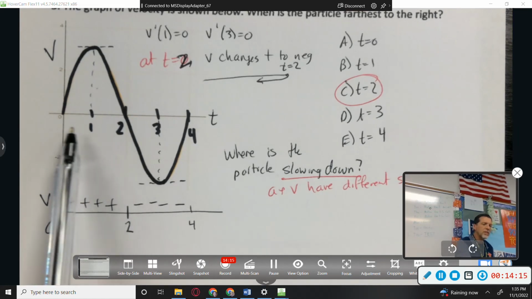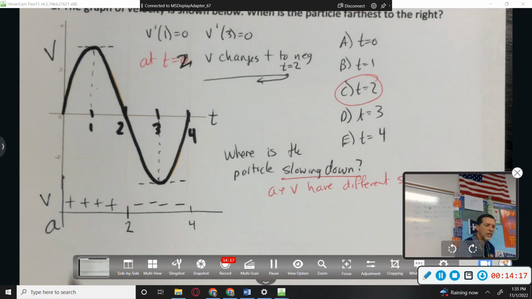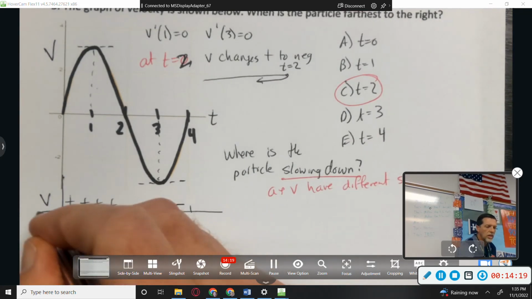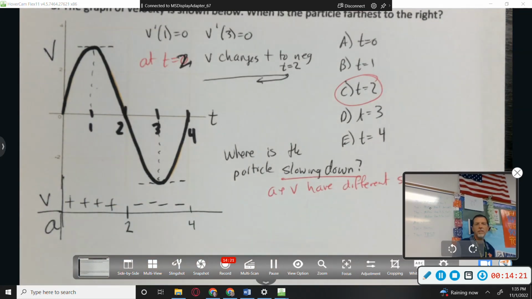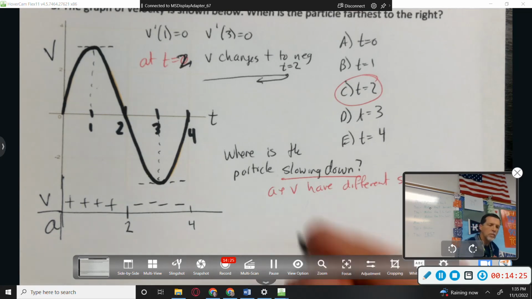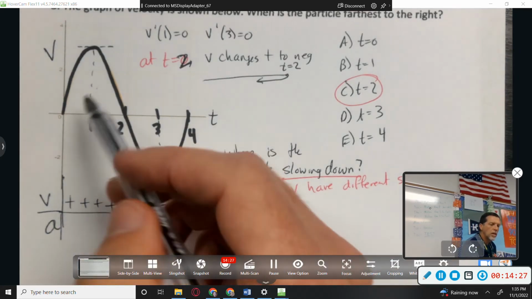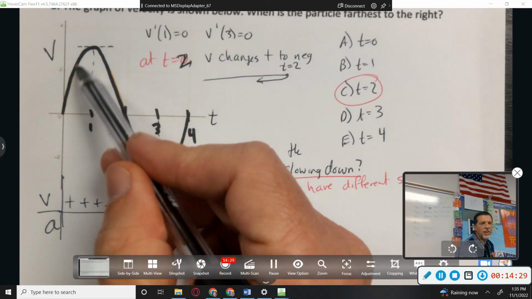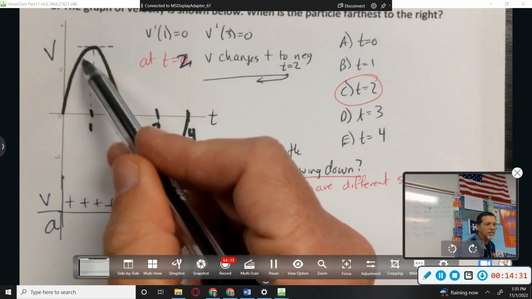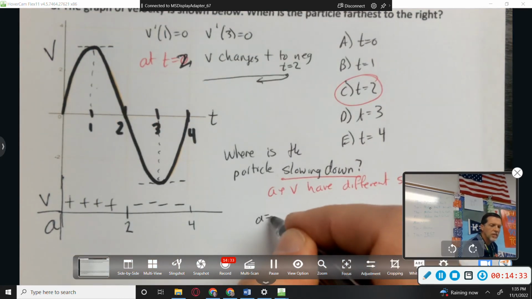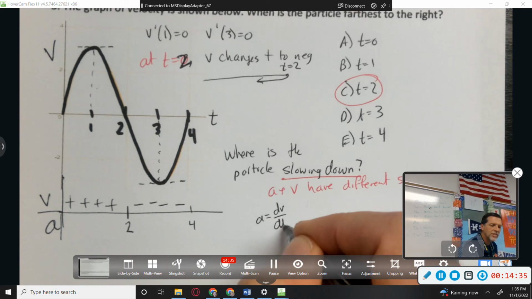What about acceleration? What's the first interval of acceleration? What's the acceleration right in here? Positive or negative? Acceleration is the slope of velocity.